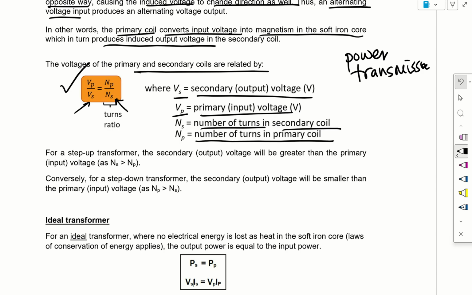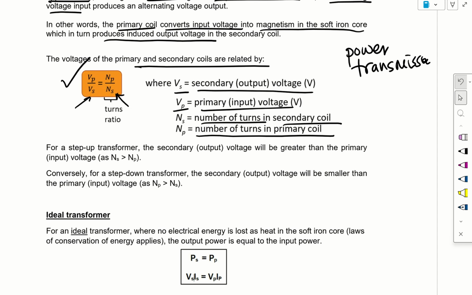So for a step up transformer, whereby Vs is greater than Vp, therefore Ns should be greater than Np. If I want step up, my Vs must be higher, therefore my Ns must be higher than Np.